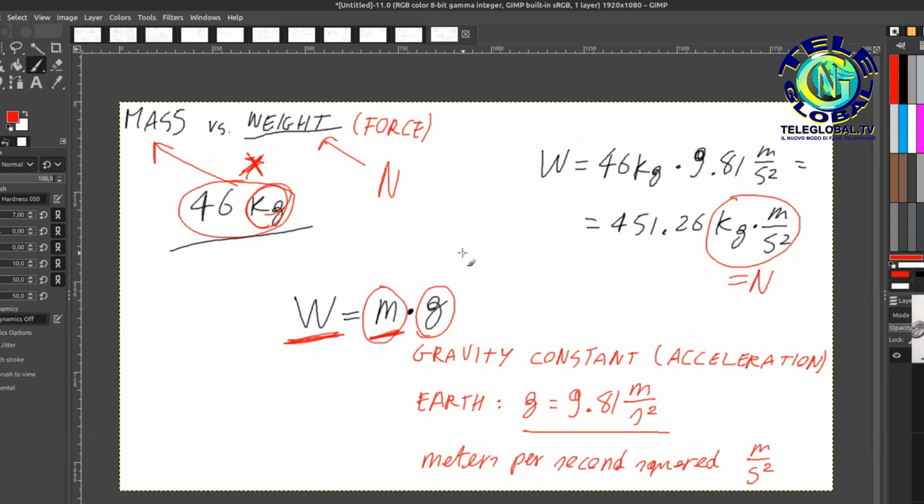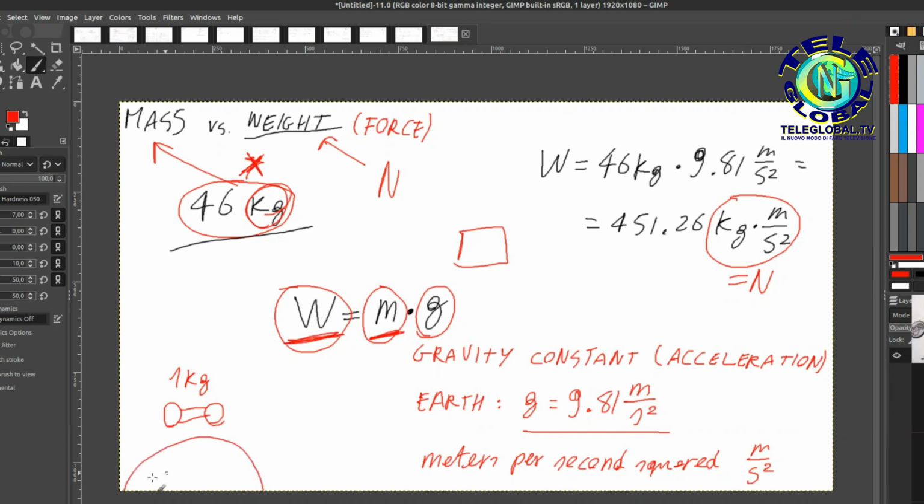So, taken any object, its mass will always stay the same, but its weight can change depending on its location. So if you have a weight like those you use in a gym, whose mass is 1 kilogram, it's always 1 kilogram anywhere it goes.